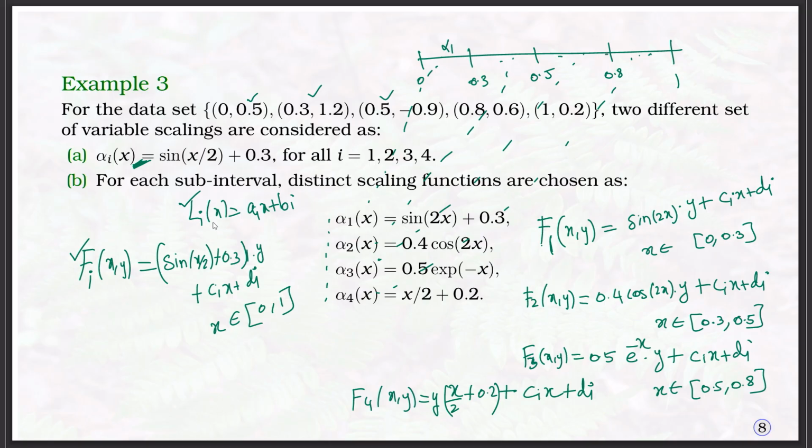Then, combining, we have two sets of iterated function systems, Li with F dash and Li with Fi. So, this will generate one fractal interpolation function and this one will generate another fractal interpolation function.